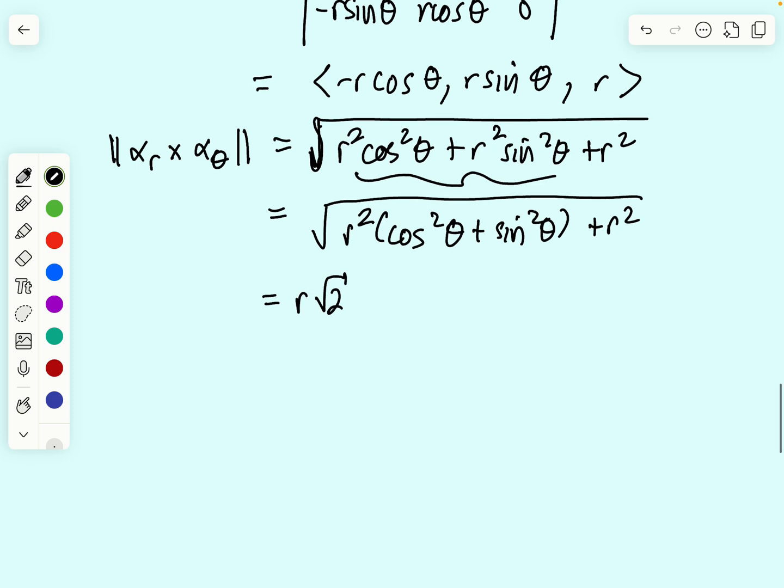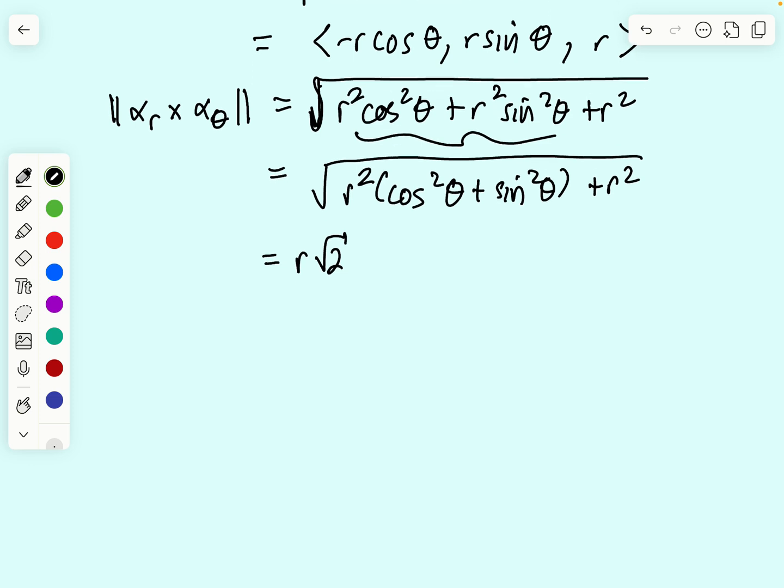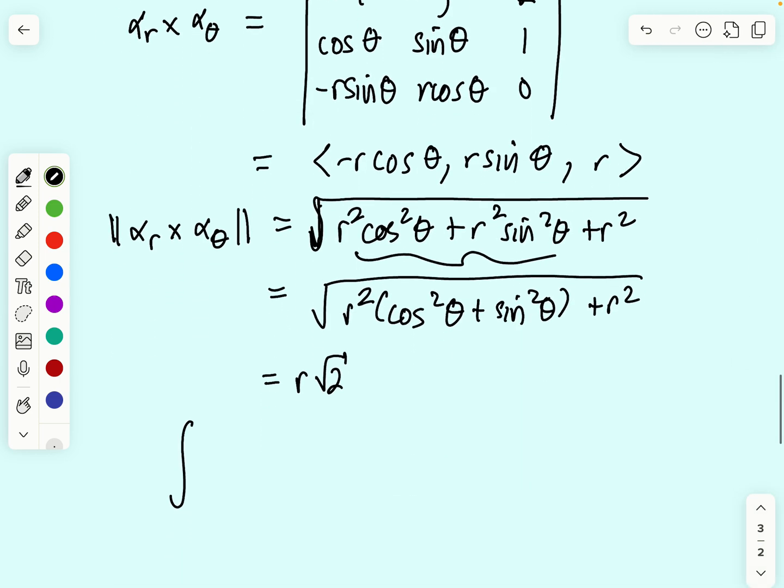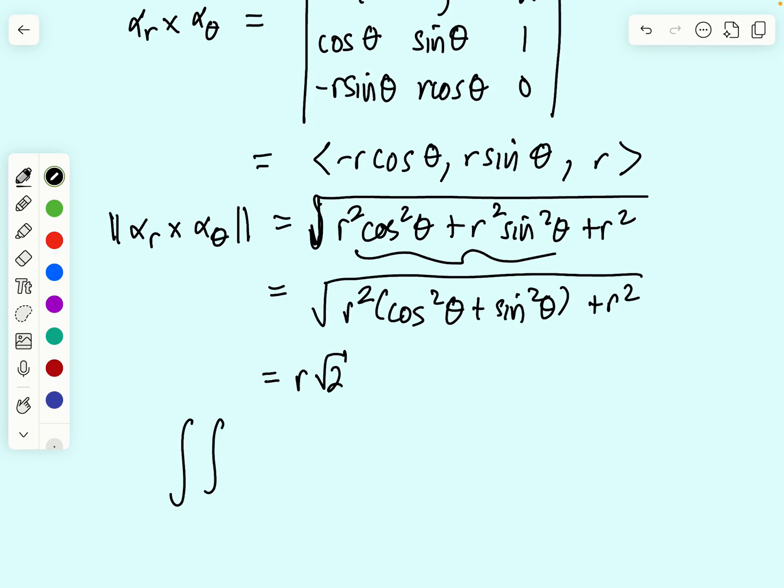So r times the square root of 2 is that, and then we need to integrate this function over D. And D is this rectangle. Actually, we're integrating over the interior of this rectangle, the open set. Remember, the boundary of this rectangle has measure 0, and that's not going to affect the integral, so we just integrate over the open set.